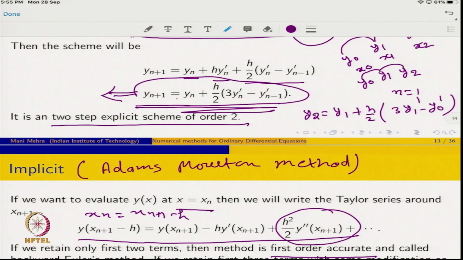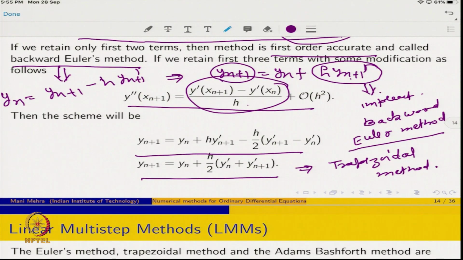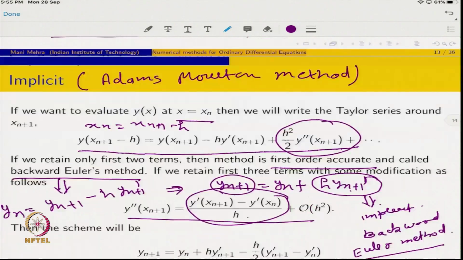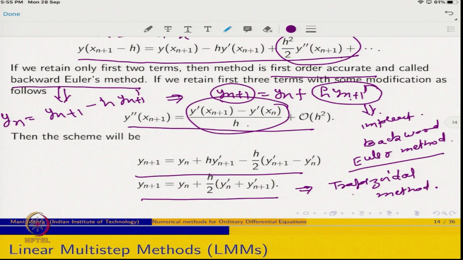So, if I compare the trapezoidal method with the second order Adams-Bashforth formula, the only difference is that this is a 2 step method and this is a 1 step method. Later on I will also explain the advantages and disadvantages of 1 step and 2 step methods. At least so far I have shown you one disadvantage of implicit methods over explicit methods in the case of a system of differential equations.